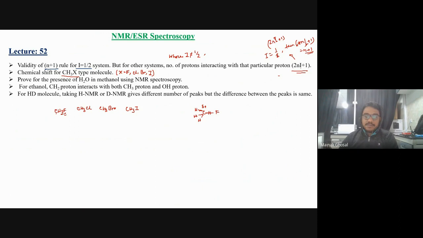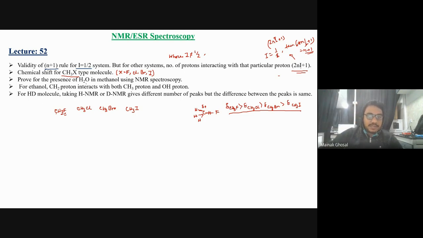Since they are less shielded, the chemical shift will be higher. That means the delta of CH3F will be higher than delta of CH3Cl, greater than delta of CH3Br, and so on. This is the order of chemical shift for CH3X molecules. It also shows how the chemical shift changes with electronegativity.